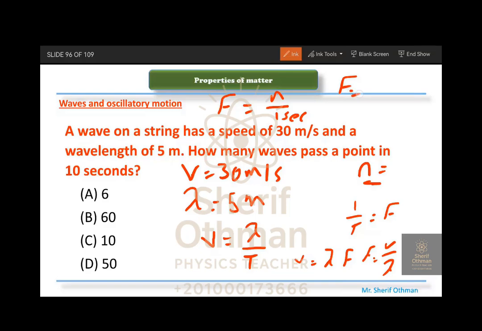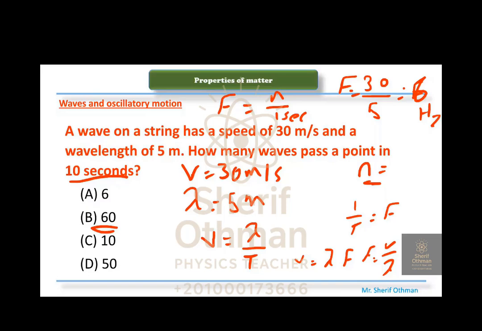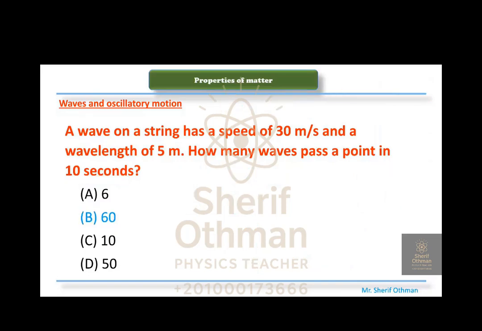So f is equal to v, which is 30, divided by wavelength, which is 5. So the frequency is 6 hertz, which means this wave can make 6 oscillations in 1 second. For 10 seconds, it can make 60 oscillations. So the answer will be 60.